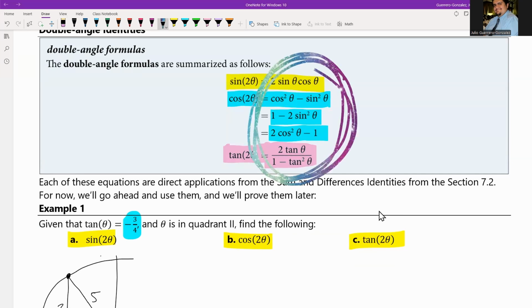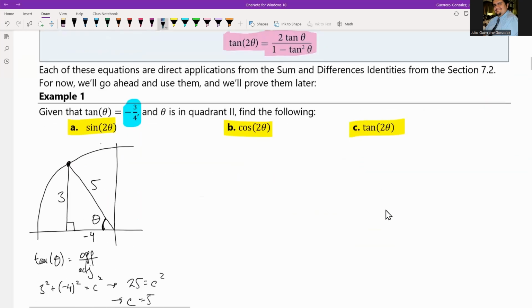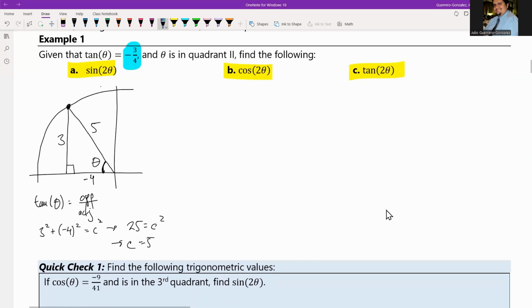So in order to make the sine, cosine, and tangent of 2 theta, they are now mixtures of just single theta, right? So long as we can grab our sine and cosine of one single theta from this triangle, we're good to go. And that's exactly what I'm going to do.